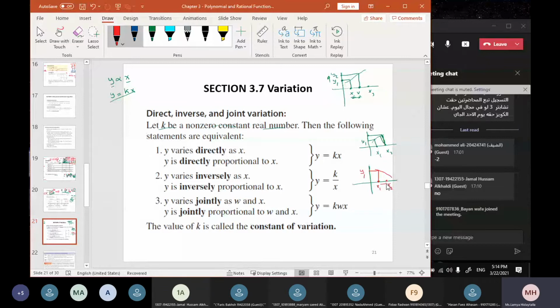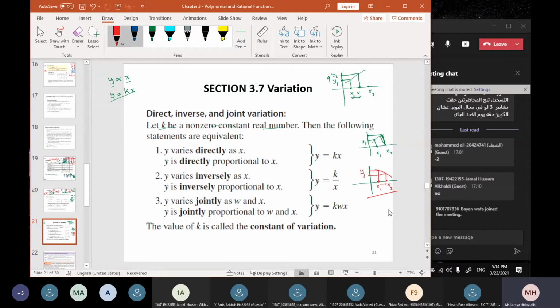The x value increases. On the real line, if I'm moving to the right, the value of x increases, right? Now, what about y? It is decreased. So as x increases, y decreases. So this is an example to say that x and y are inversely proportional.